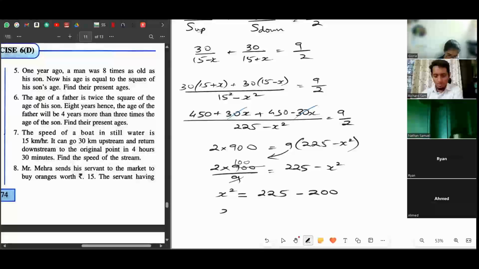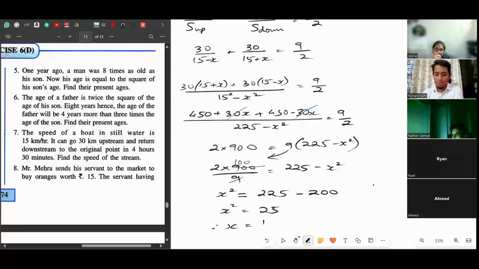So x square is equal to 25. Therefore, x is equal to plus or minus 5.